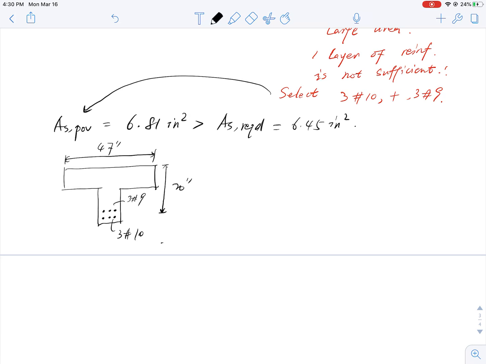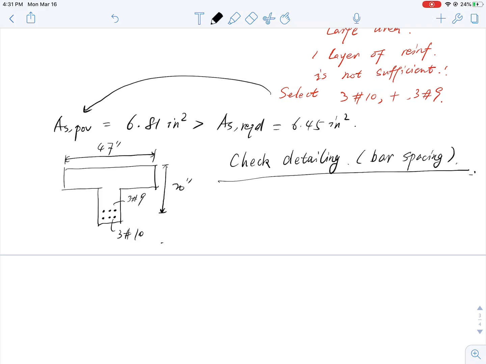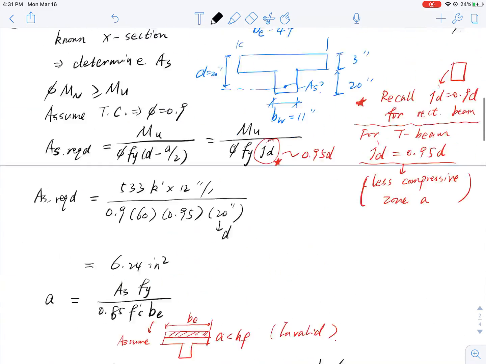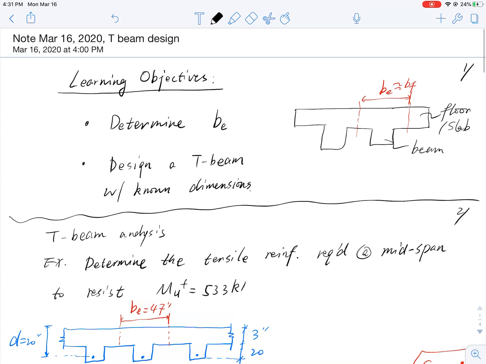Then you can check details, basically bar spacing. With that, we're finished with the T-beam analysis example.